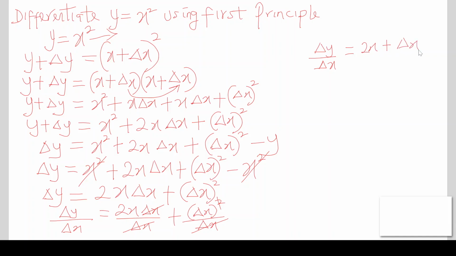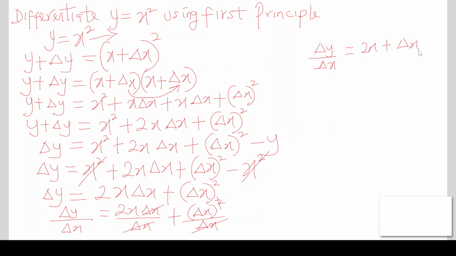Now, since you have been able to arrive at delta y over delta x, that is when we are now going to set limit as delta x tends towards 0. So as delta x will now tend towards 0, we are going to be setting a limit.